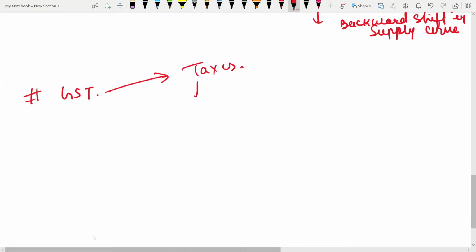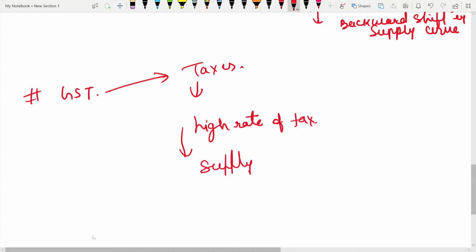If the government imposes a high rate of tax, it will hamper the producers from producing more of the goods. Therefore, the supply will reduce.